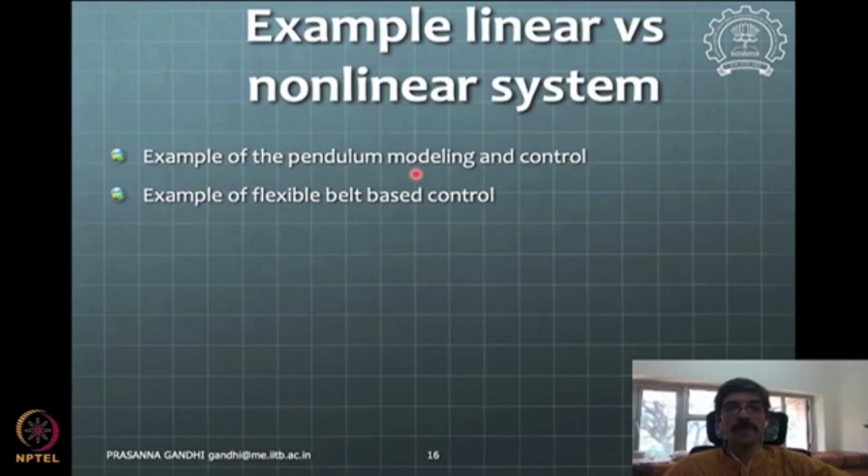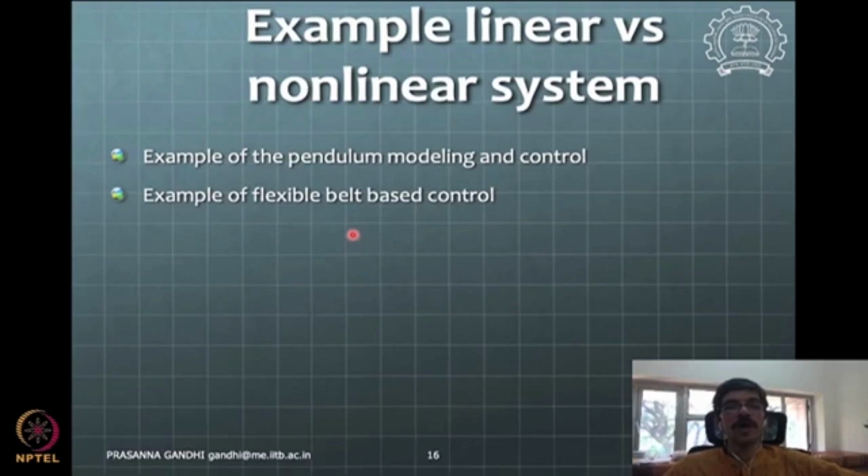So I would like you to do this analysis. For that, the model already exists with you, so you think about, suppose I want to position my load at some specific position, and I give input as motor angle or motor torque or whatever you want to consider, and I want the vibrations in the belt to be minimum, okay, or I want to position the output theta L at some position so that there are not many vibrations when I go to the final position.